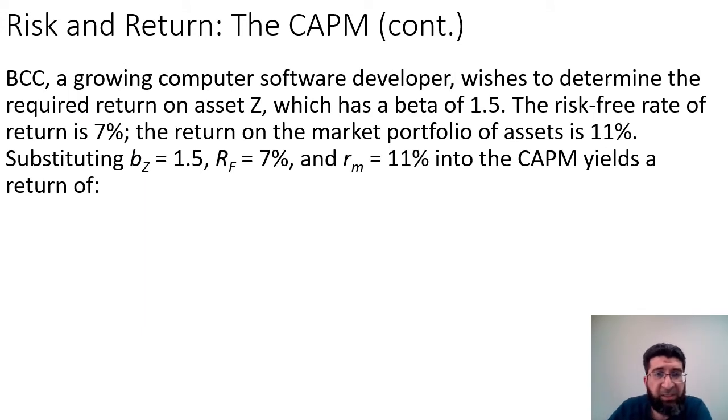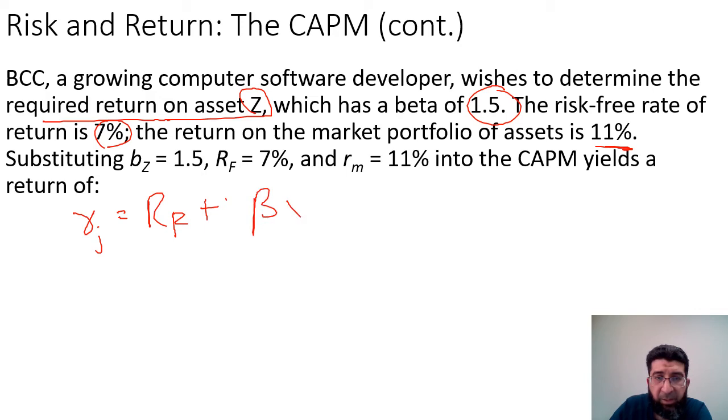Let's look at an example. BCC, a growing computer software developer, wishes to determine the required return on asset Z, which has a beta of 1.5. The risk-free rate of return is 7%. The return on the market portfolio of assets is 11%. So our CAPM that we have already discussed is the risk-free rate plus beta J multiplied by market return minus risk-free.